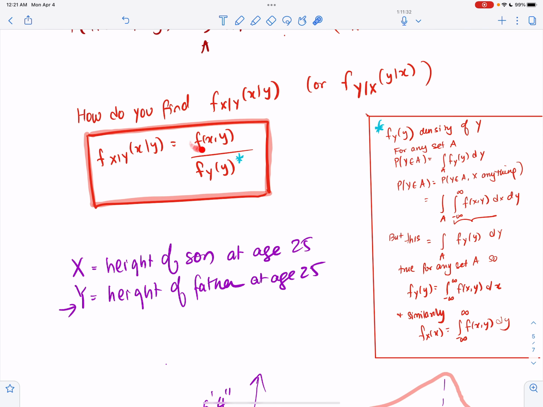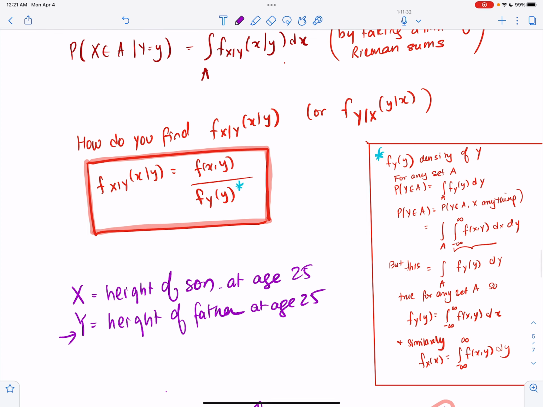So how do you find this? Like I said, it is this. How do you find the conditional density of x given y? Suppose you were talking about this example. You would write f of x given y, x given 6, 4. That's how you would have written it for this example that I just talked about.